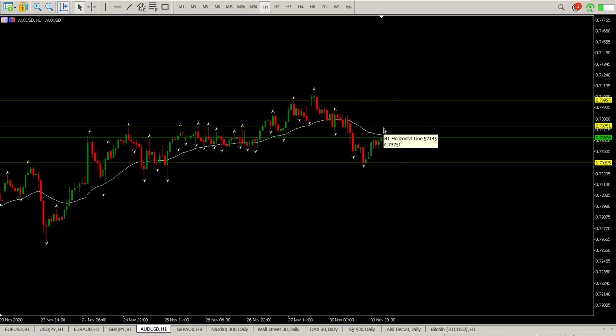Now you would expect a bit of dollar weakness once the political landscape is sorted out in the US. We've also had a lot of vaccine noise yesterday, and a lot of data has come out.